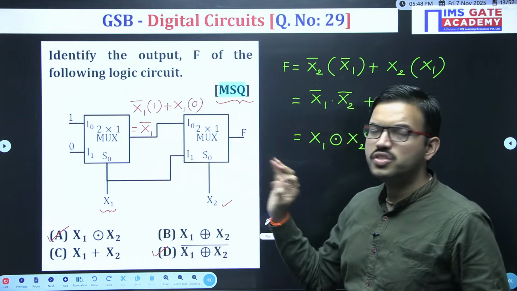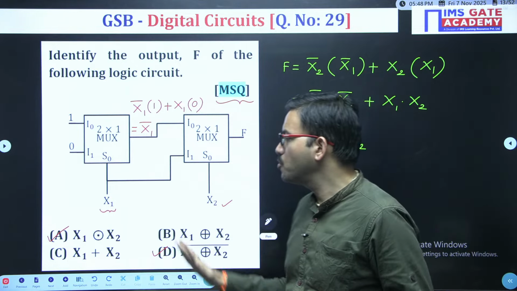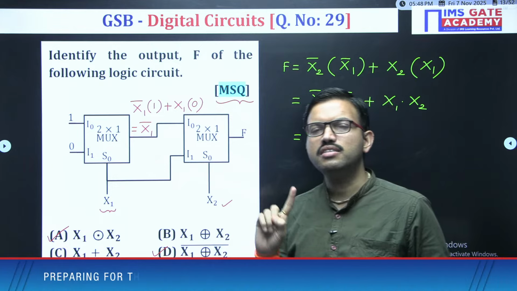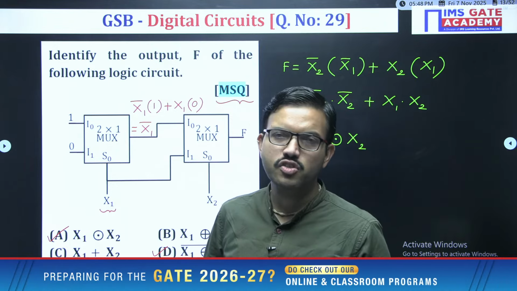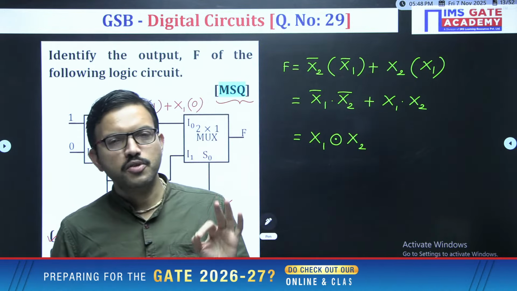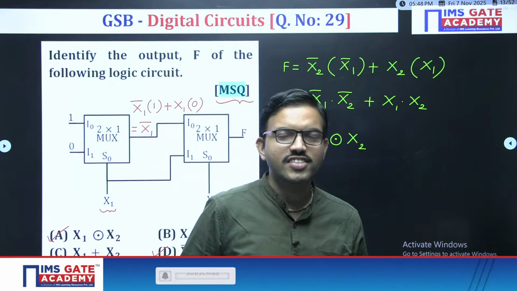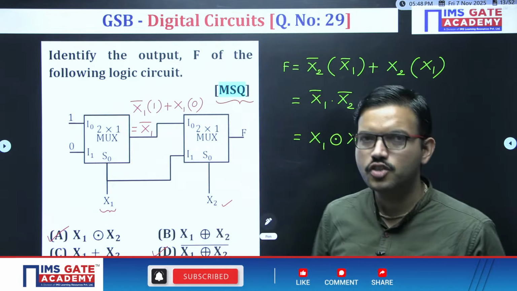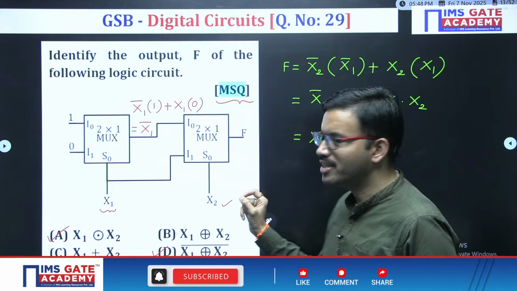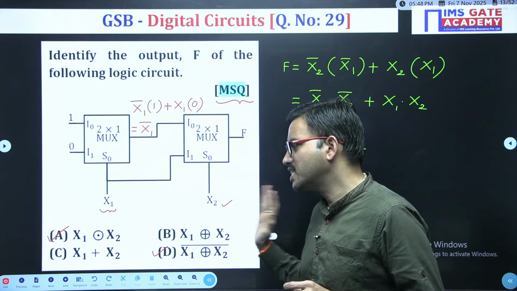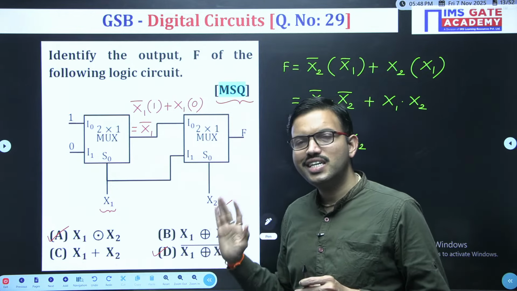This is the difference between MCQ and MSQ. For MCQ, the moment you get the correct choice, there is no need to verify the remaining choices, provided you followed the process correctly and haven't made even a single silly mistake. But for MSQ, you have to verify each and every option, whether it is really correct or not.